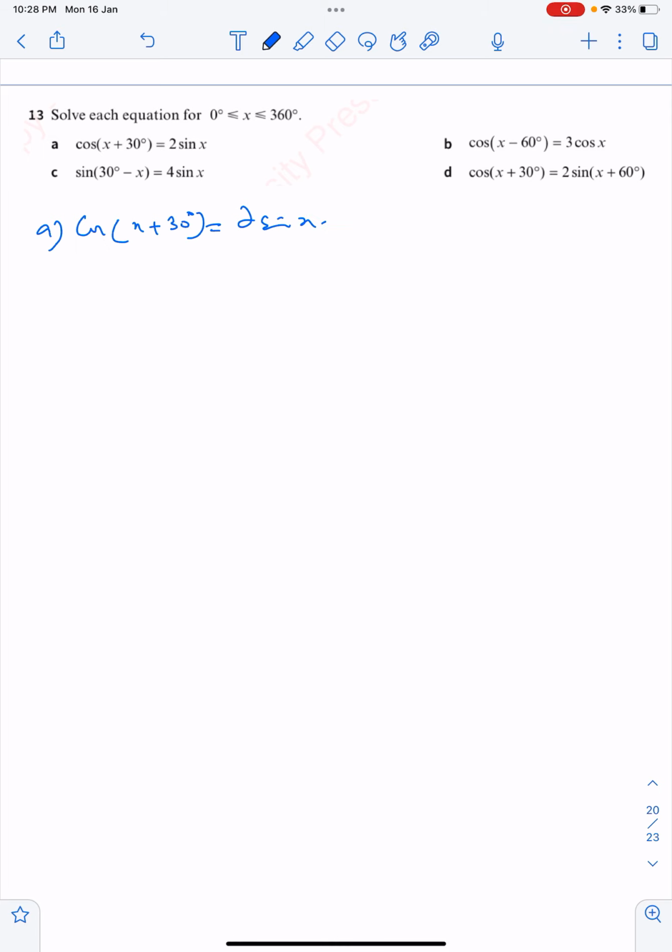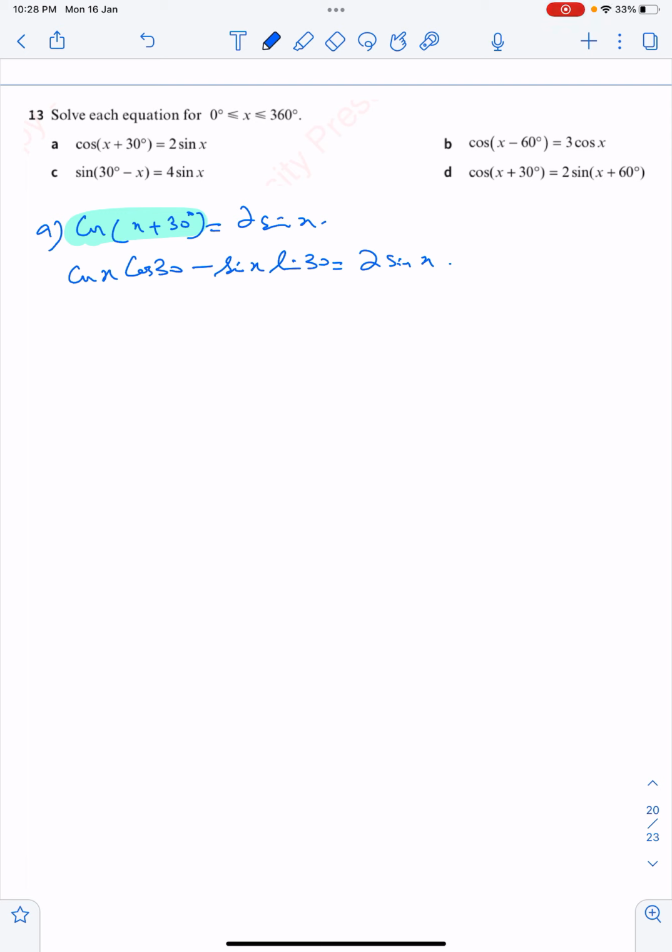I can apply the compound angle identity here. It will become cos of x cos of 30 plus sine of x sine of 30, with a negative sign, because in case of cos, if it is a positive in the middle, you have a negative here, equals 2 sine of x. Let us solve this.